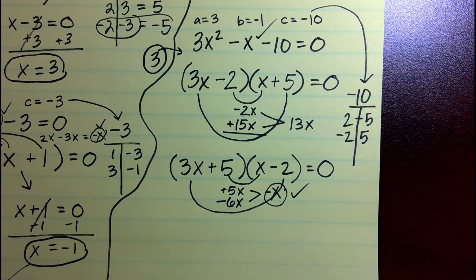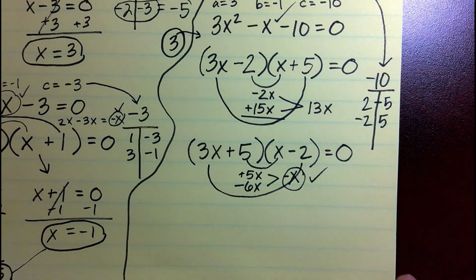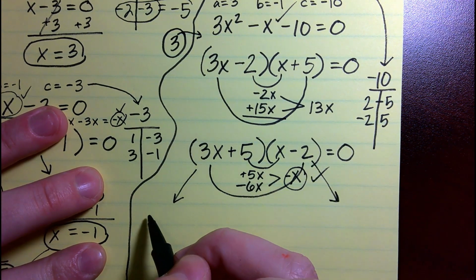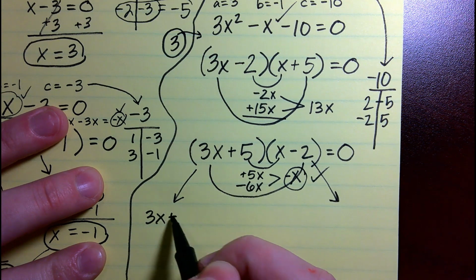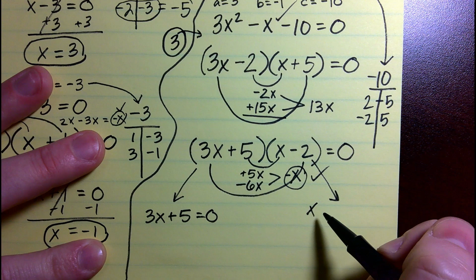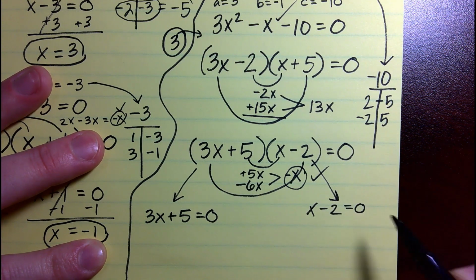Okay. Where do we go from here? Your factors are correct, so you separate your factors: 3x plus 5 equals 0, and x minus 2 equals 0.